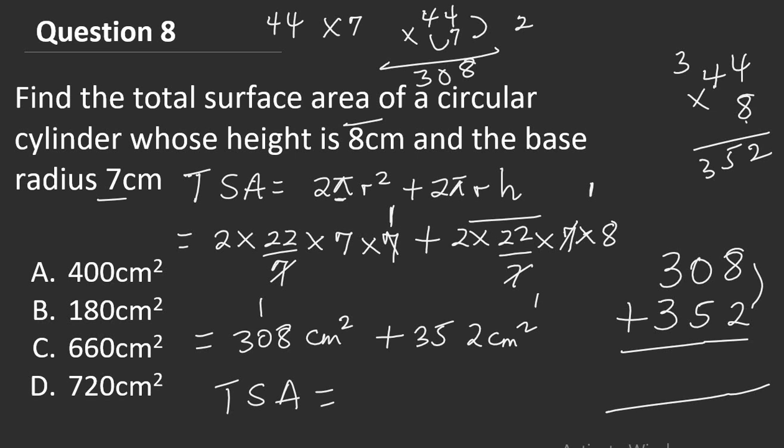Alright, here the unit digit, 8 plus 2, we keep the 1 here. 5 plus 1 is 6. 3 plus 3 is 6. So our answer will be 660 centimeters square. That's the total surface area of the circular cylinder.